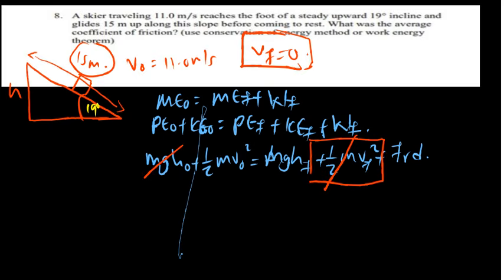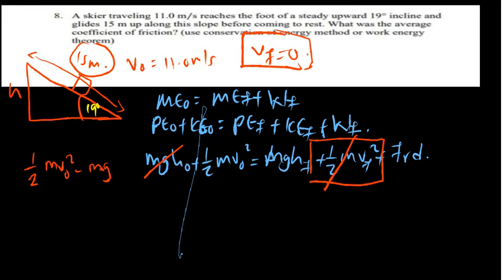So what are we going to have? We are going to have half mv initial squared. Then if I shift that one, I'm going to have minus mgh final. Are you able to see that side?